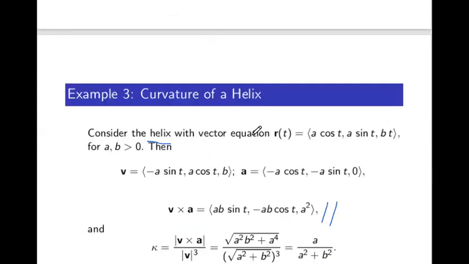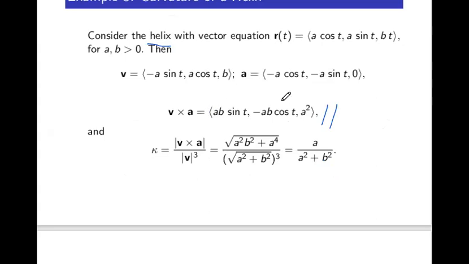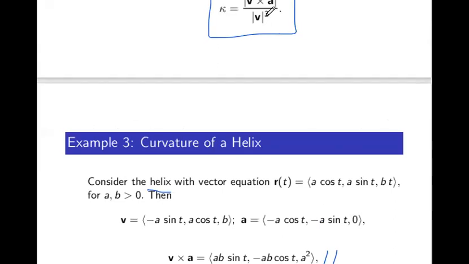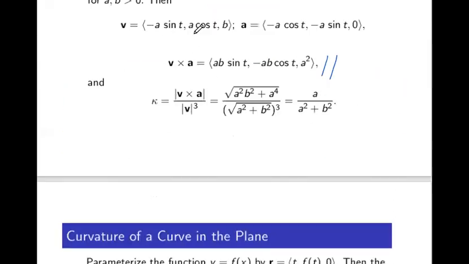Find the magnitude of that, which is this squared plus this squared plus this squared, divided by the speed cubed. So curvature does not depend on the parameter t or time. The curvature of a helix curve is constant at any point on the helix path.